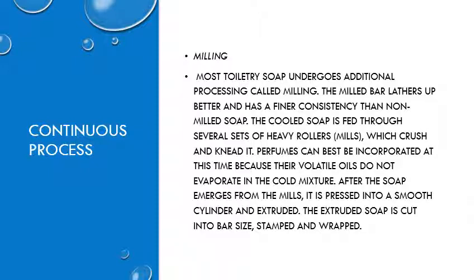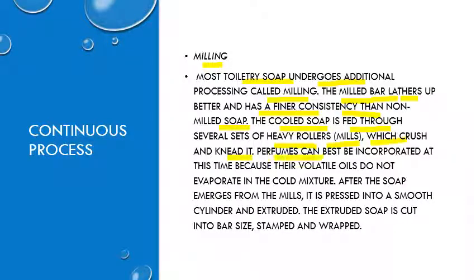So one additional step is there in the continuous process, specifically for toilet soaps, and it is the additional processing called milling. The milled bar lathers up better and has a finer consistency than the non-milled soap. The cooled soap is fed through several sets of heavy rollers, which crush and knead it.